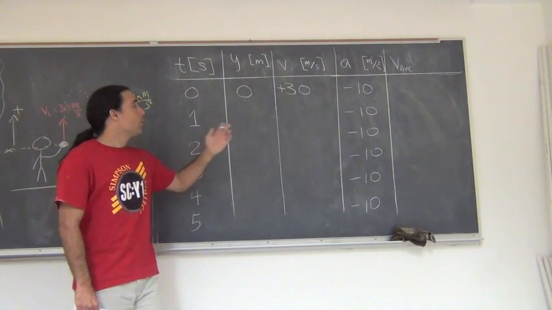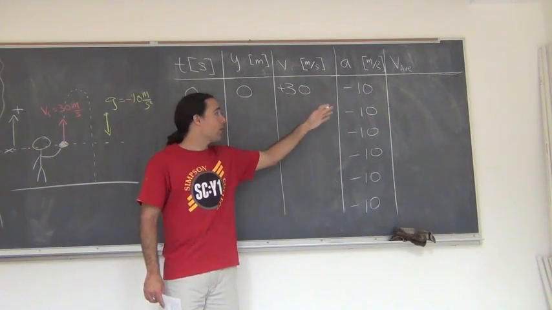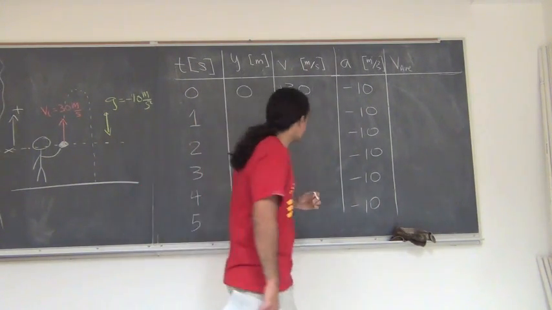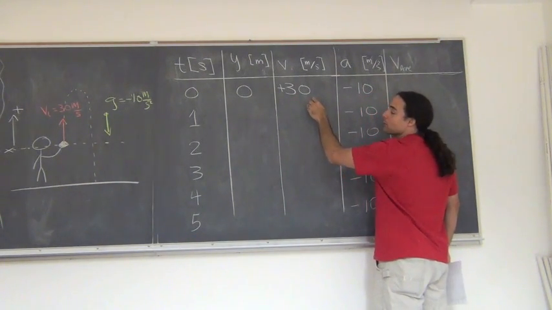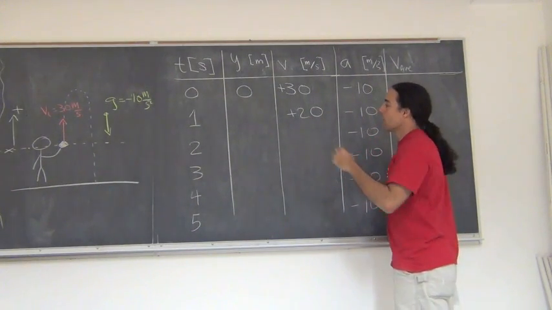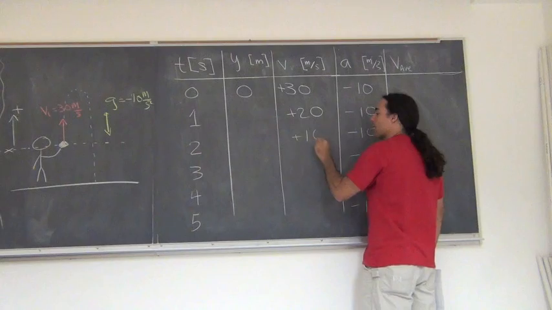All right, we know acceleration tells me how my velocity changes. And we know we're going down 10 meters per second every second. So that would mean that after 1 second, I've gone down from 30 meters per second to 20 meters per second. And after 2 seconds, I would have gone down another 10 meters per second. So that'll get me to 10.